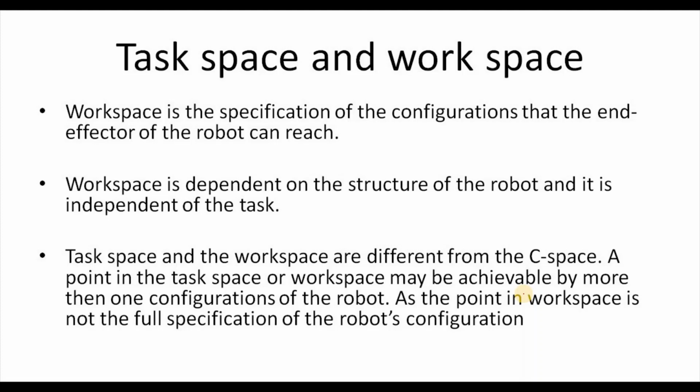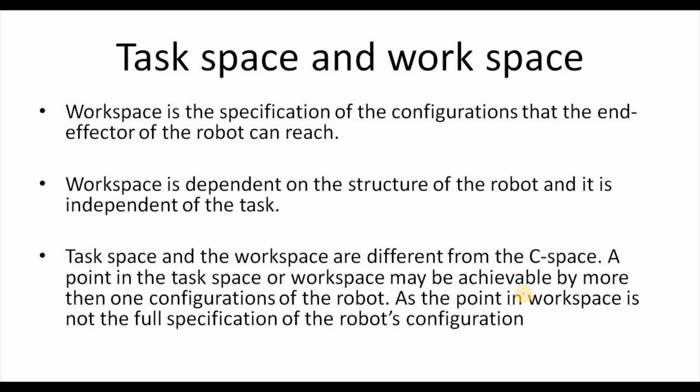The workspace is the specification of the configurations that the end effector of the robot can reach. So in the previous slide we talked about the task space, which was related to the end effector of the robot and the task. Now we shall talk about the workspace. What is a workspace? The workspace is also the space where the end effector of the robot can reach.